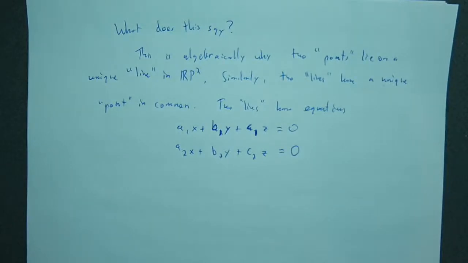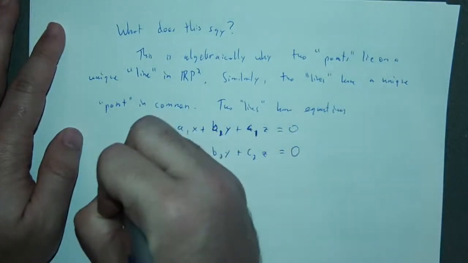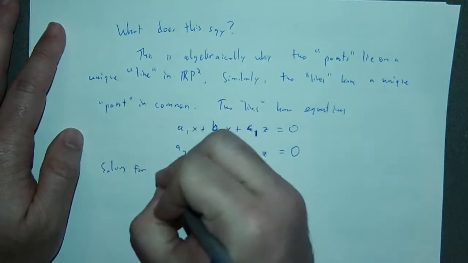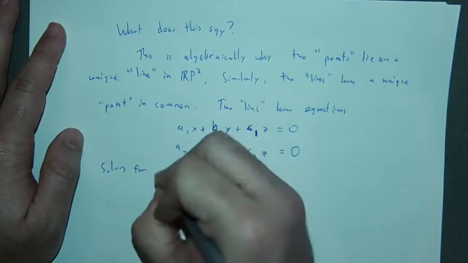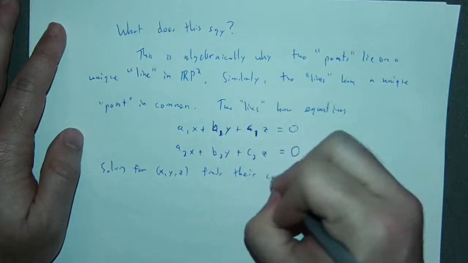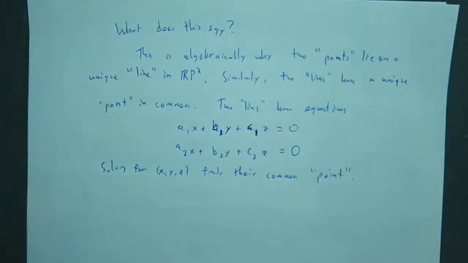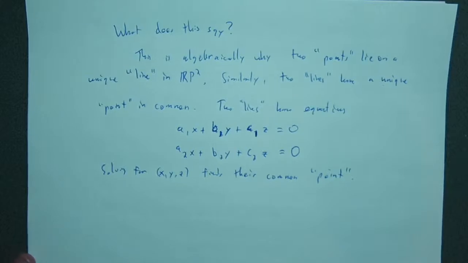So 2 lines have these 2 equations, and we can find their common point by solving for x, y, z. Again, there are more variables than equations here. We're going to get all the multiples here as well. So in homogeneous coordinates, we still get 1 point.